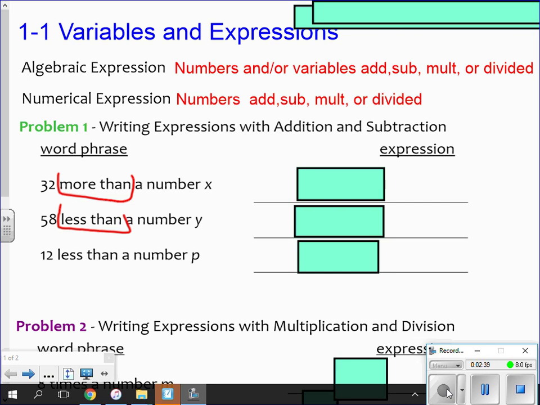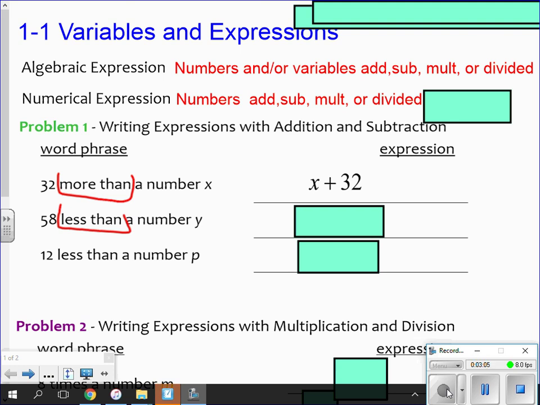So when I have 32 more than a number, that means I'm going to be doing addition. I have X, and I'm going to have 32 more than that. So I'm going to have X plus 32. Could I have 32 plus X?